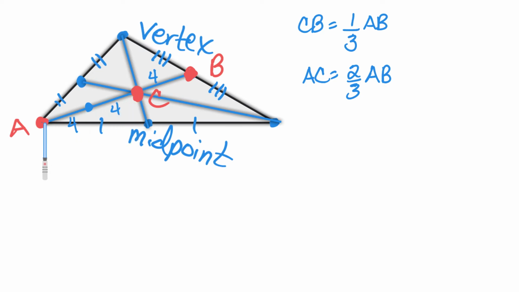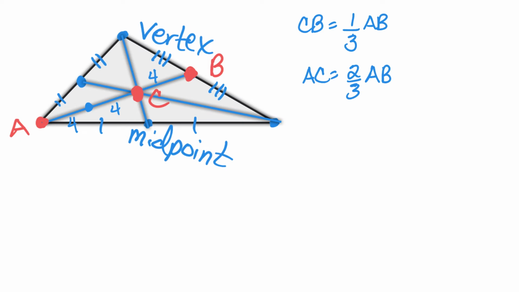And you notice that this whole line is split into thirds. And so CB is 1/3 of the total length of AB. AC is 2/3 the length of this whole line right here.